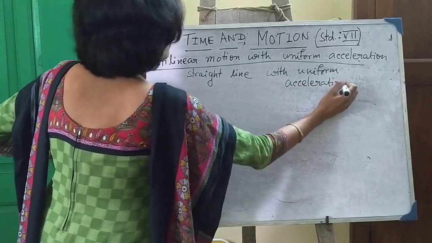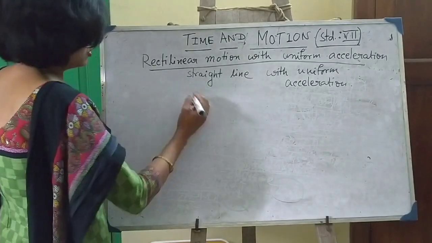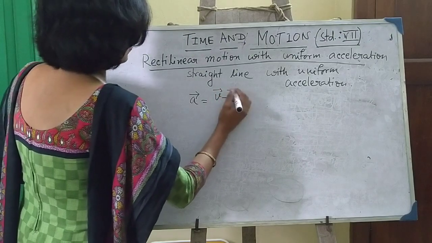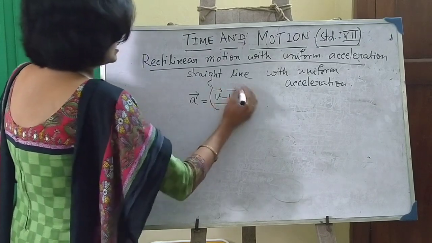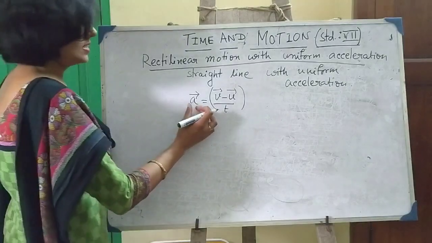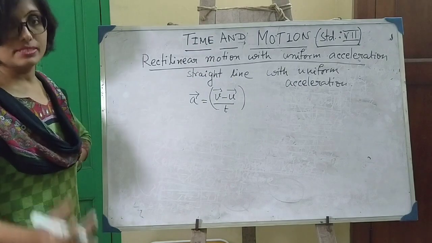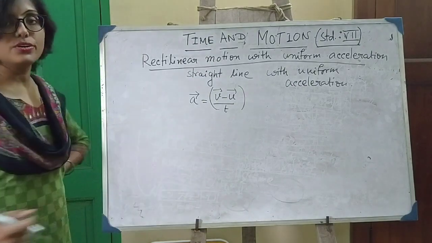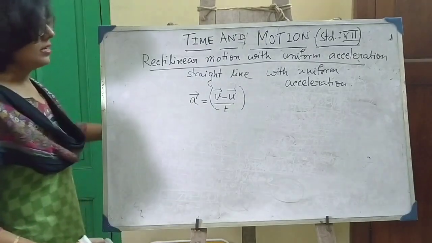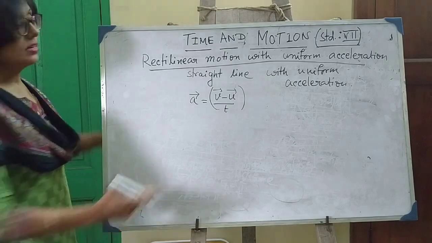Now what is uniform acceleration? We have done in our previous topic that acceleration is nothing but increase in velocity in unit time. If this ratio, v minus u by t, remains constant with time, then the acceleration of the body is known as uniform acceleration, means the body is moving with an acceleration that is uniform.